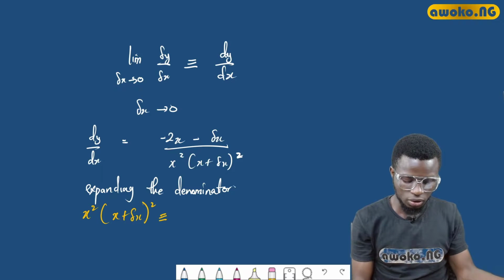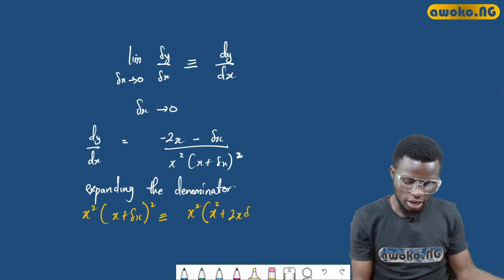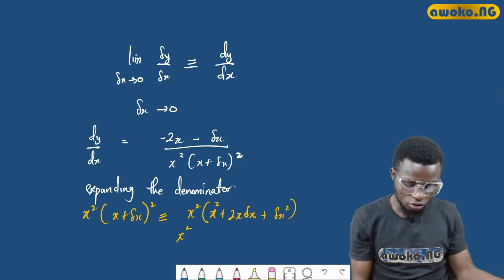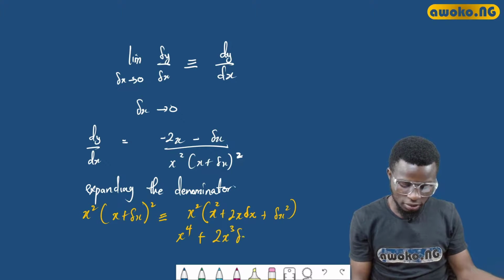So this gives us x² into x² plus 2x dx, then plus (dx)². If I open the bracket, I have x raised to the power 4 plus 2x³ dx plus x² (dx)².